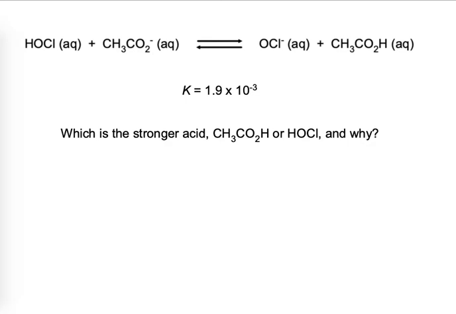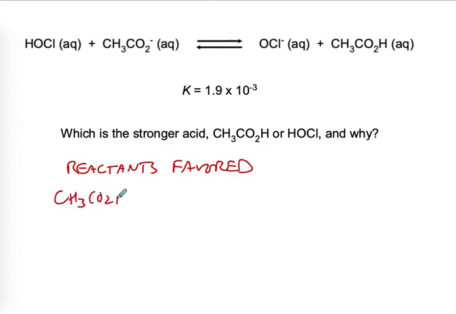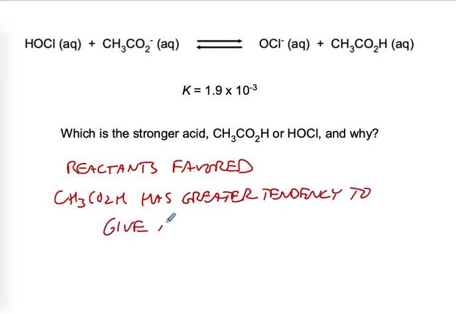Well, if K is small, if K is less than 1, that means in this case the reactants are favored, okay, which must mean that acetic acid has a greater tendency to give away H+ than hypochlorous acid, HClO.